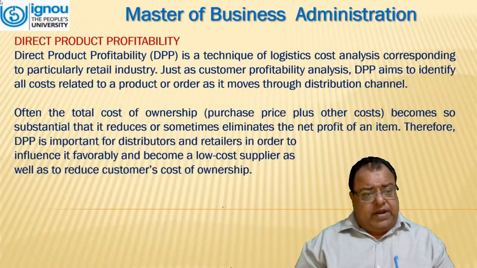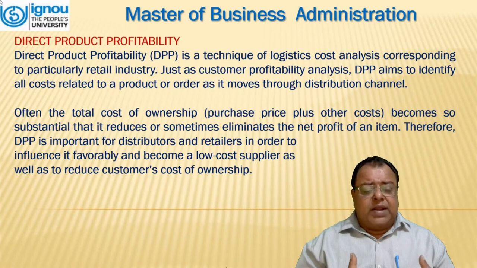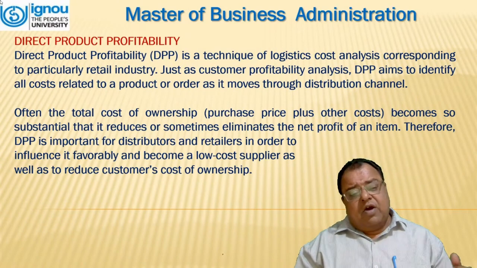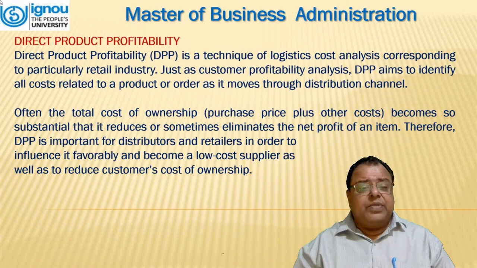Direct product profitability, what we call DPP, is a technique of logistics cost analysis corresponding particularly to the retail industry. Just as in customer profitability analysis, DPP aims to identify all costs related to a product or order as it moves through the distribution channel.